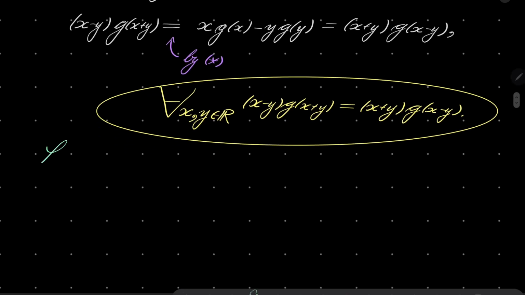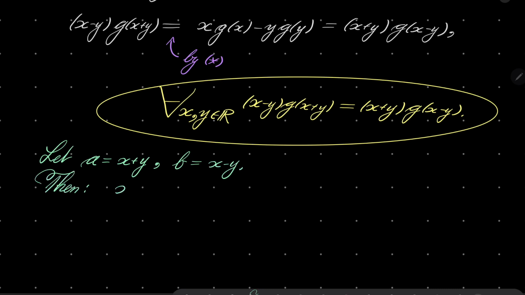Let a be equal to x plus y, and let b be equal to x minus y. Then x can be written as (a plus b) over 2, and y can be written as (a minus b) over 2.